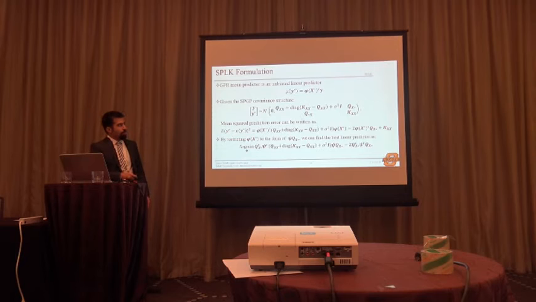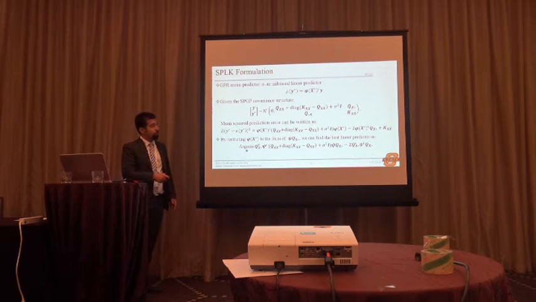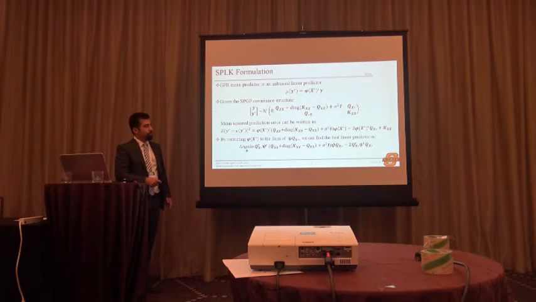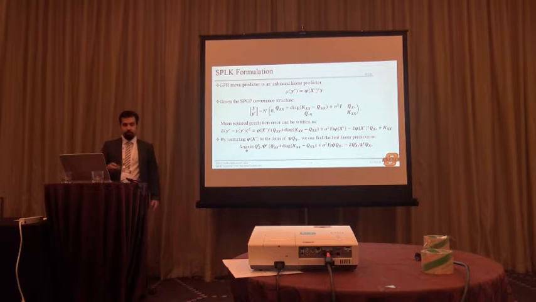By restricting this matrix of coefficients by the instruction in the DDM paper, we can restrict it to the form of psi times this approximated covariance matrix, and by minimizing this function with respect to psi, we can find the best unbiased predictor.